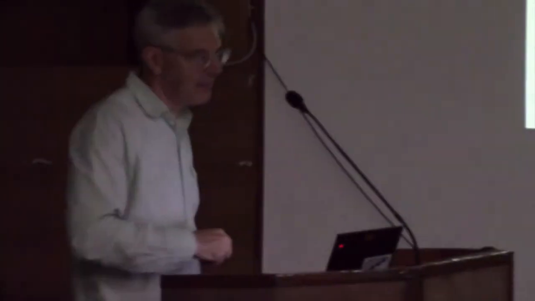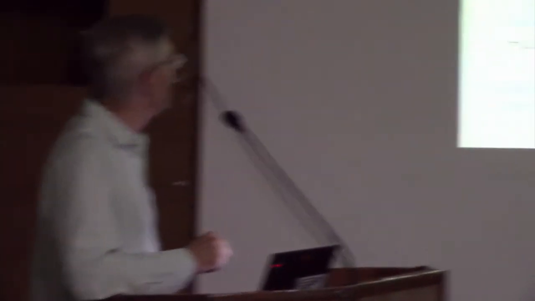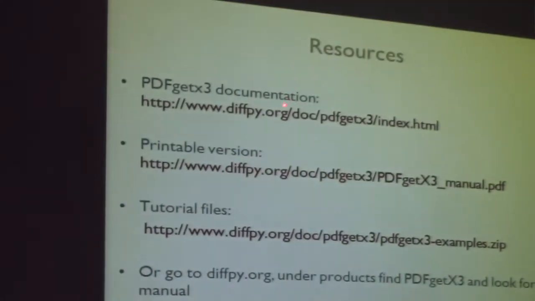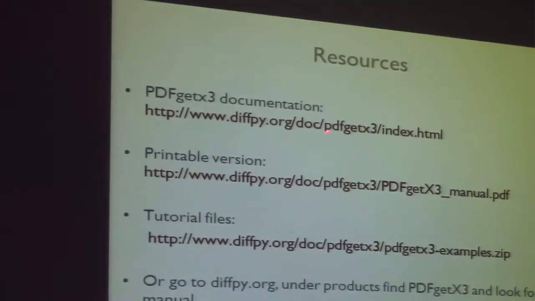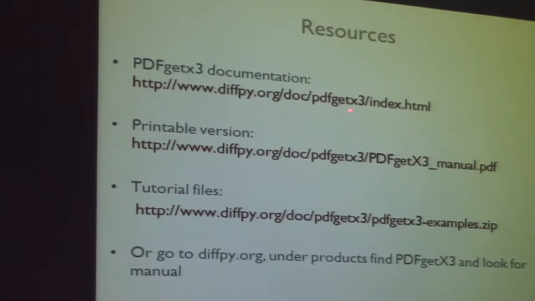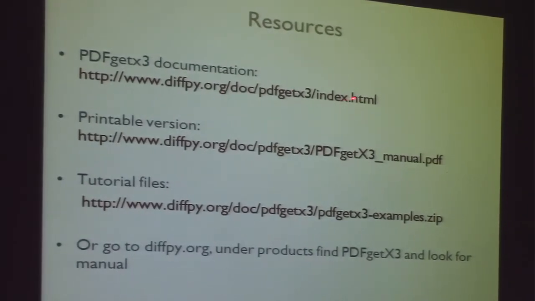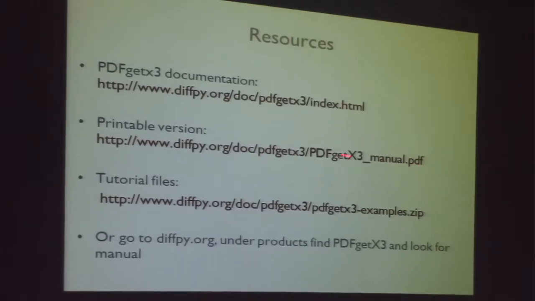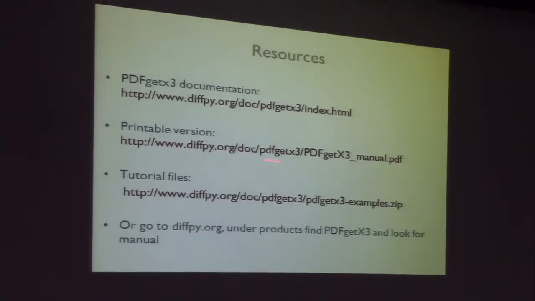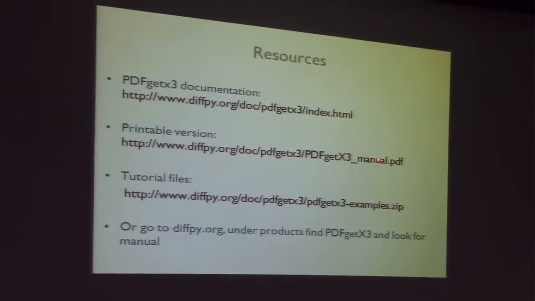So this slide is very important. This is actually where the documentation is. So these are actually the links. This is to a web-based documentation, so you can only see this if you're on the web. But there's a PDF copy of the same manual, which is at this link.